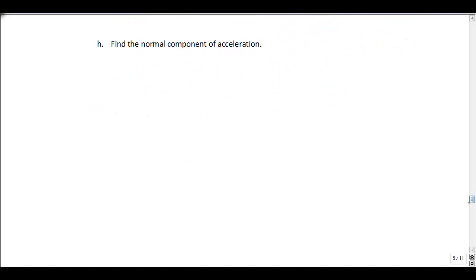Then the normal component of acceleration, again, I would just use the formula from the book. There's a few ways to do this. One is, this is going to be curvature times the magnitude of our velocity, that is our speed, squared.